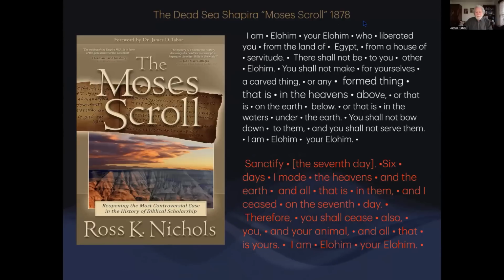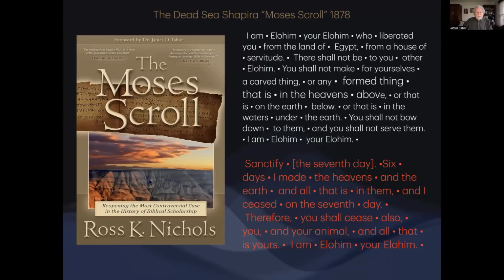It was found by an antiquities dealer. His name was Moses Shapira. We call it the Shapira Scroll. And I wrote the foreword to this book, which talks about that scroll. It has disappeared, but we have transcriptions of it. And I think we're going to be able to maybe recover it.